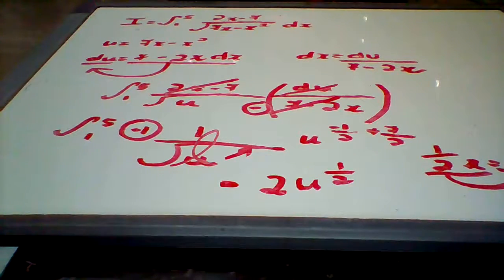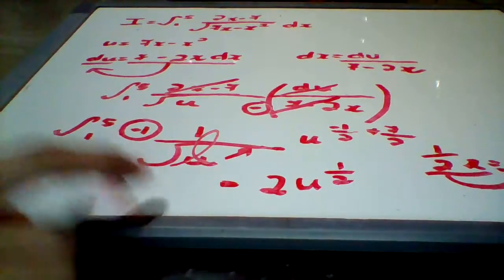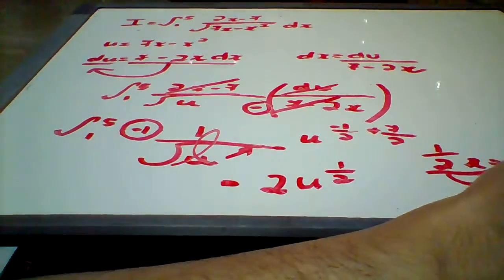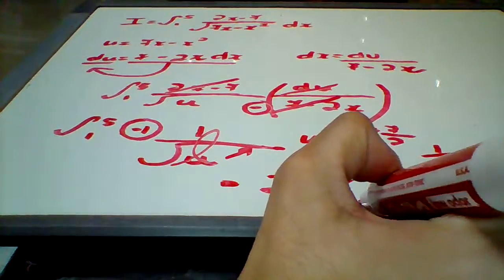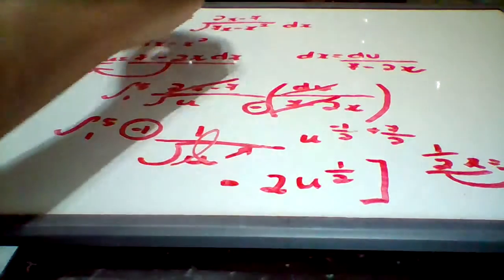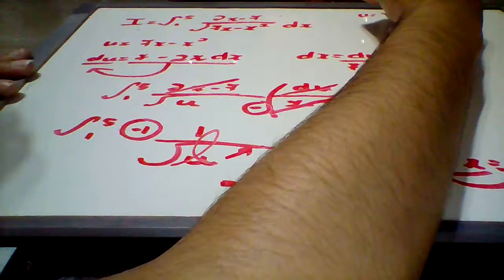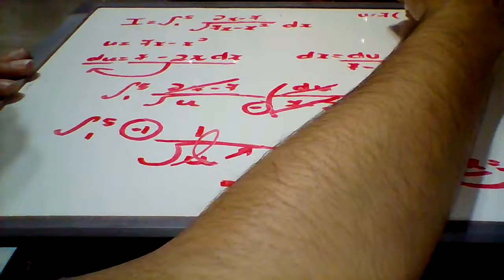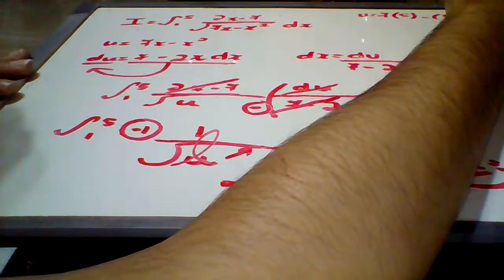So now you need to plug in these values in for u. So let's do it up here. u is equal to 7 times 5 minus 5 squared.